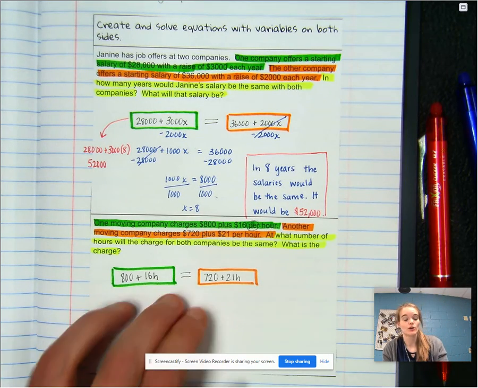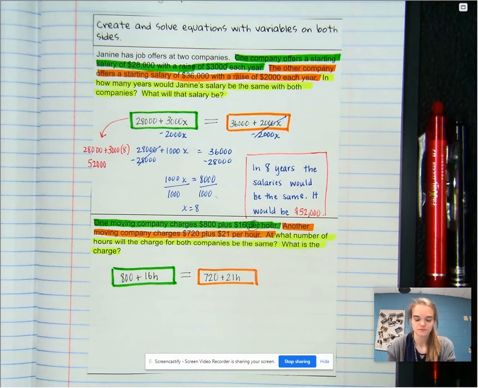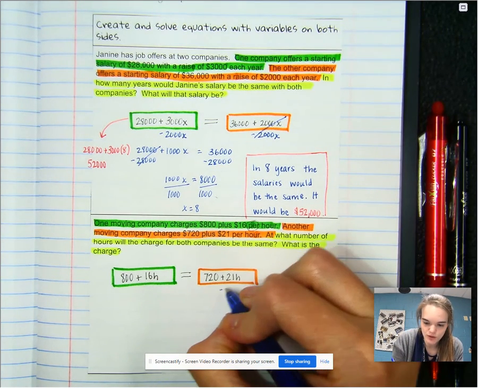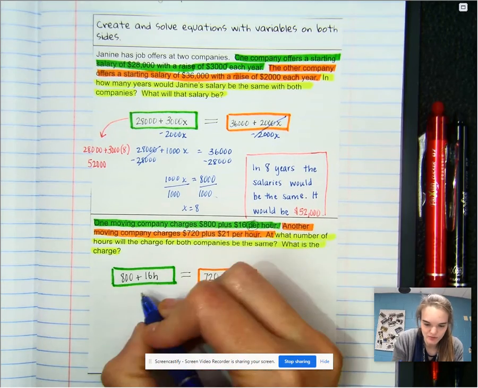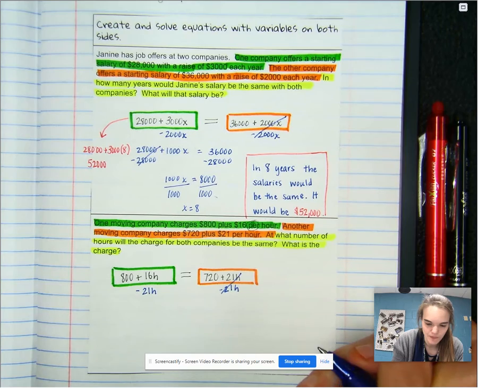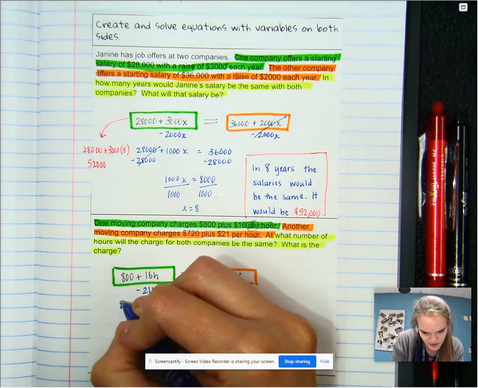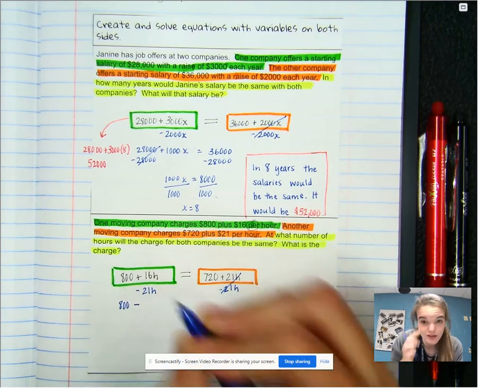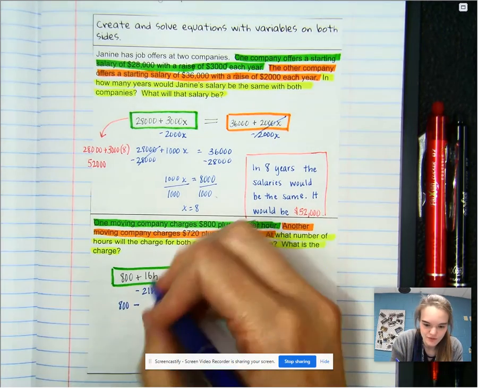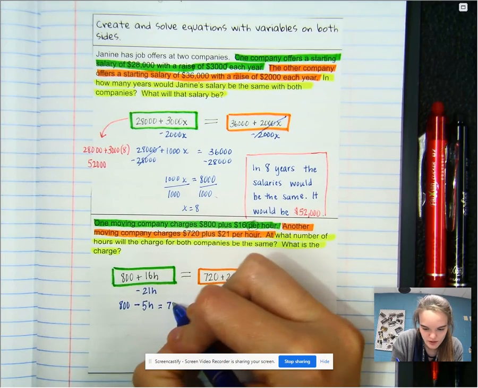So just like above, we're going to solve it, which means take a minute, pause it, solve it. I'm going to move this 21H to the left by subtracting. 16H minus 21H, bring down 800. This will be a negative, but that's okay. Negative 5H equals 720.